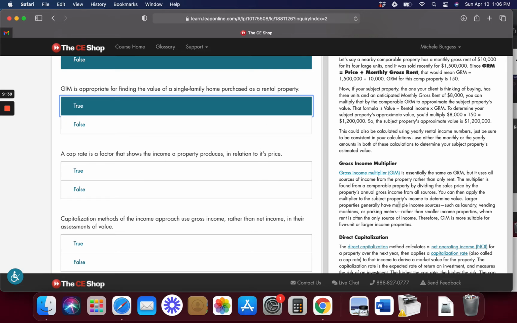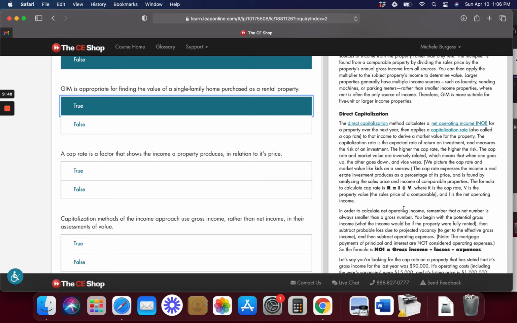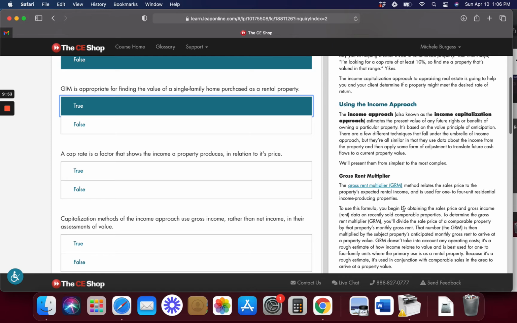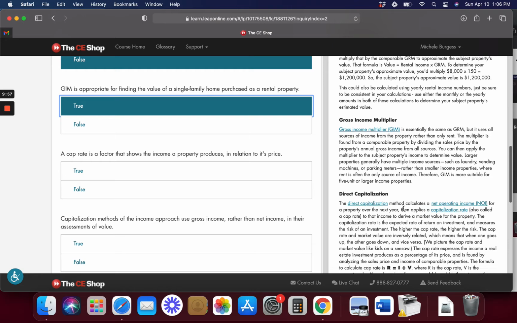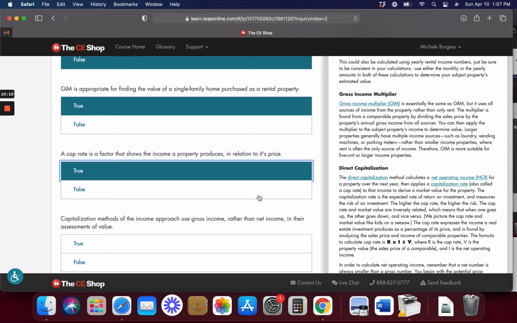A cap rate is a factor that shows the income a property produces in relation to a cap rate. Let's go back up here and see what the cap rate is. Cap rate. Here it is. Applies a capitalization rate to the income to derive a market value for the property. I want to say yes.